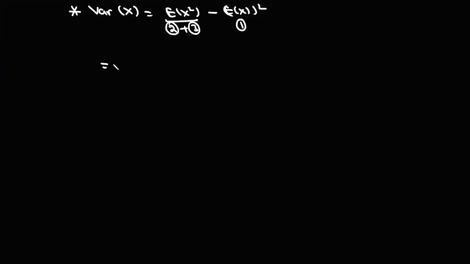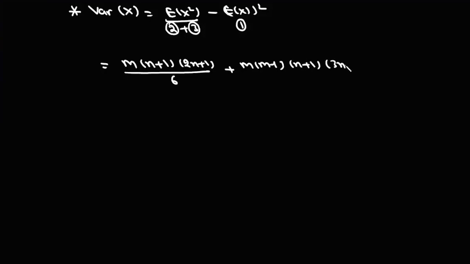So now we can write this as E of x square is m into n plus 1 into 2n plus 1 divided by 6, plus, for this third result, we have m minus 1 into n plus 1 into 3n plus 2 whole divided by 12, and minus, and then E of x is m into n plus 1 by 2 whole square.